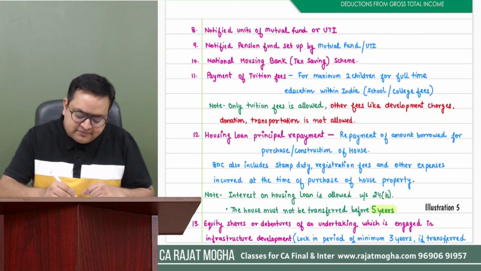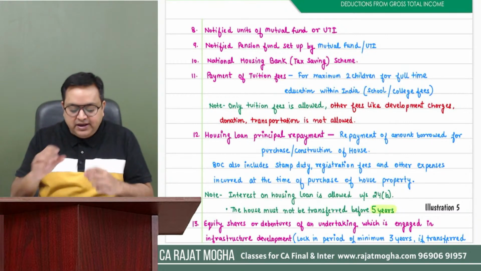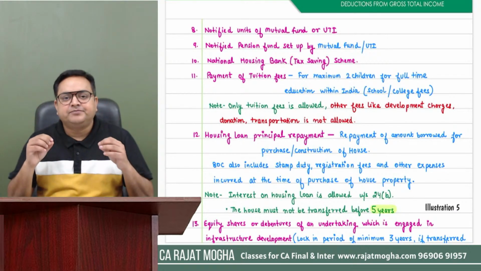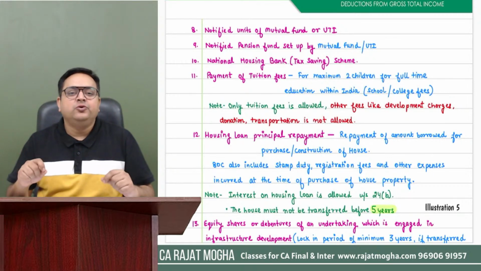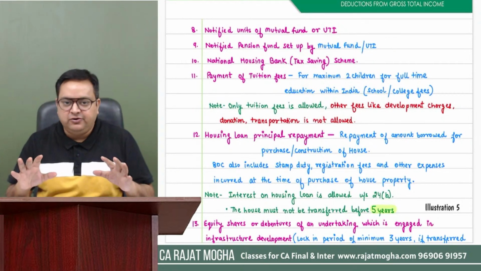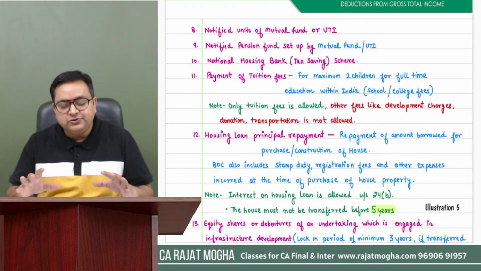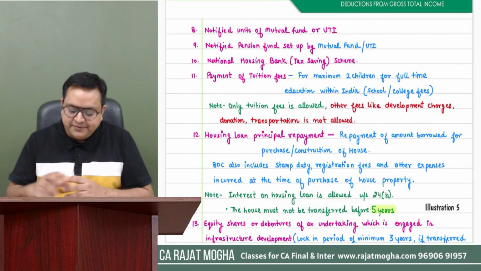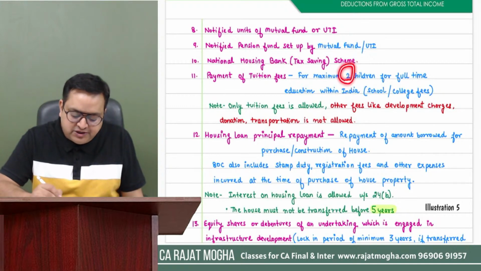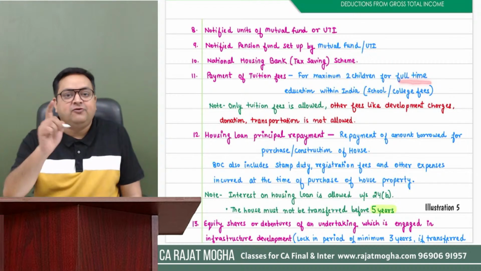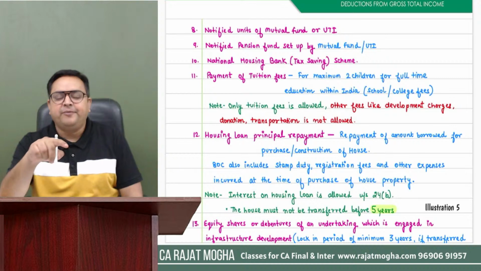If the payment is made for tuition fees for the assessee's children, and I tell you, in the Income Tax Act, whenever we refer to the word children, it also includes your legally adopted child and stepchild, right? So for a maximum of 2 children, and for full-time education, not for correspondence courses, not for part-time courses.